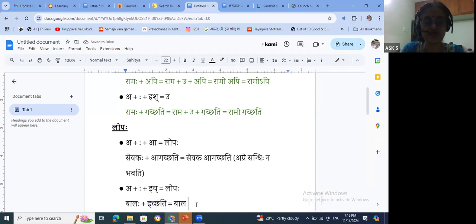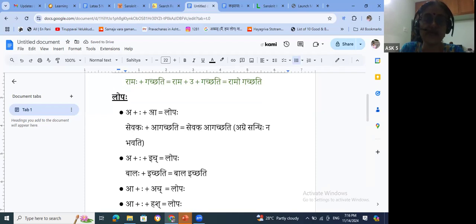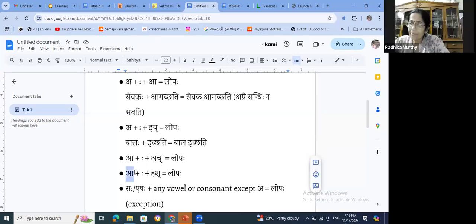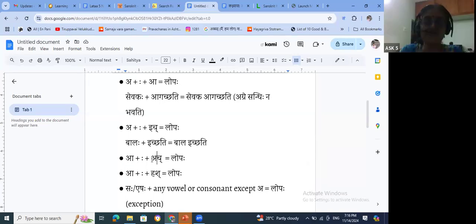Because hrasva is not followed by another hrasva. Hrasva is followed by any other vowel other than hrasva, then it becomes lopaha. Then the next swara in line on the left side. What is the next swara in line on the left side? We finished with all the as. The next swara on the left side must be a. A again followed by anything other than Karkasha Vyanjanani. Ach and hush.